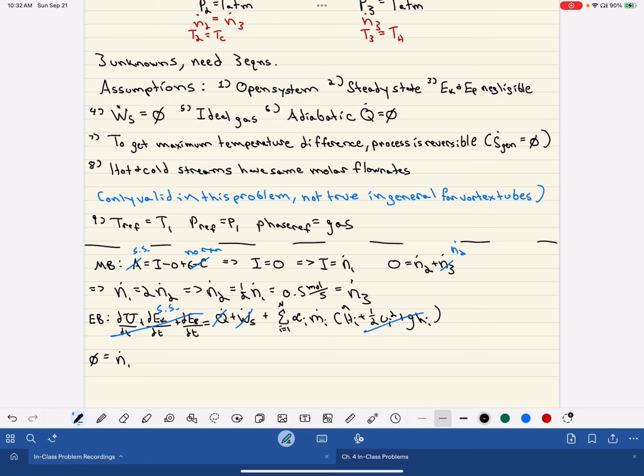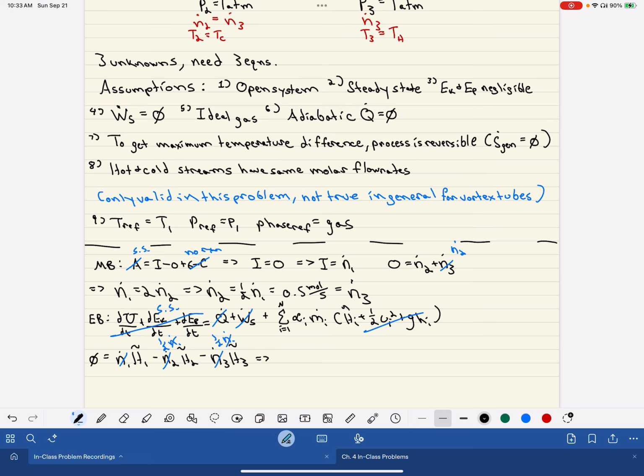And so really, in our energy balance, all we have is the energy of the streams going in. And here I'm writing it in terms of molar enthalpies, so that way I could write the molar flow rates instead. We have N2 H2, N3 H3. From the material balance, we know this is 1/2 N1. Because this equation is equal to 0, and we have N1s in front of everything, we could factor out the N1s and cancel them out.